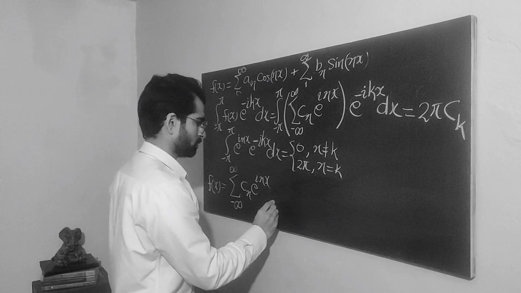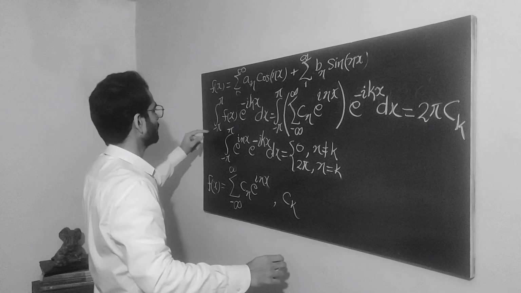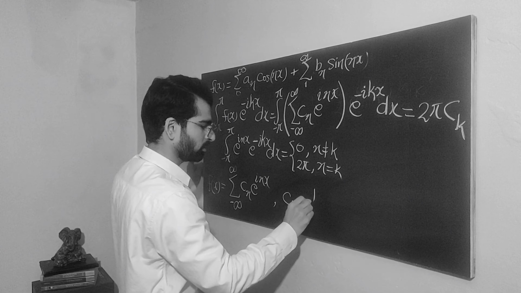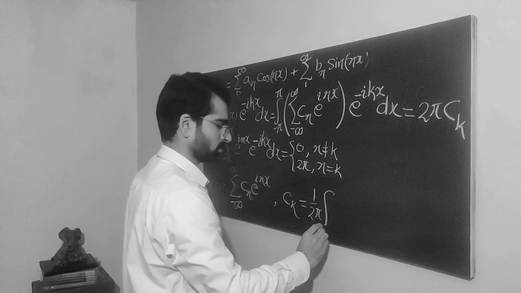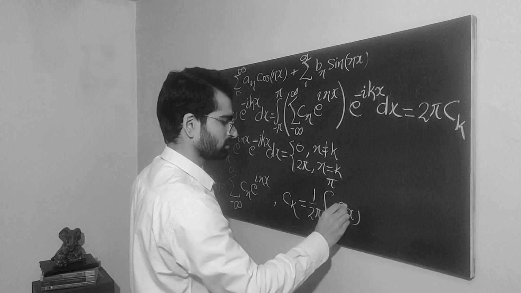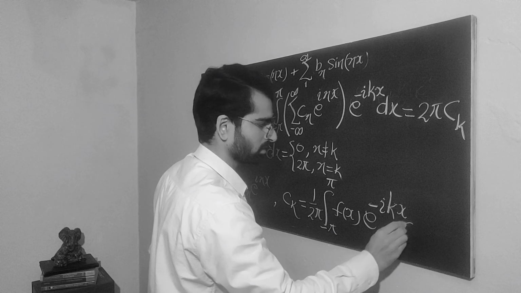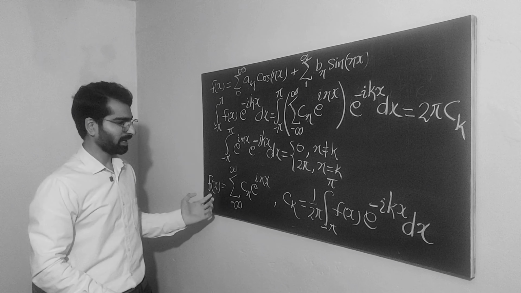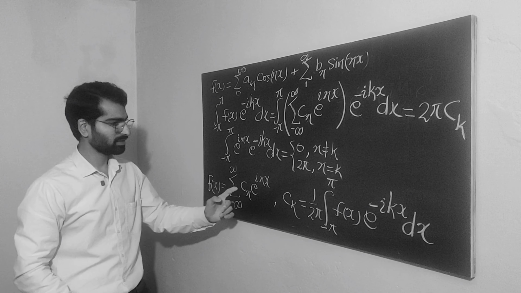I get Ck's, and I divide both sides, this one and that one, by 2 pi, then it gives me 1 over 2 pi, the integral of the function times e to the minus ikx dx. And that's it. I have found the series and these complex amplitudes.